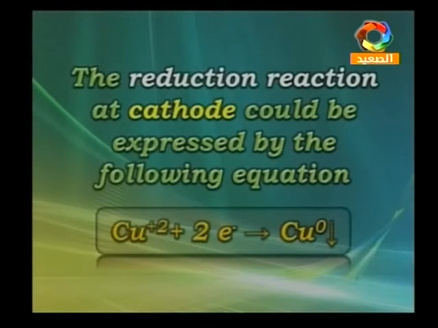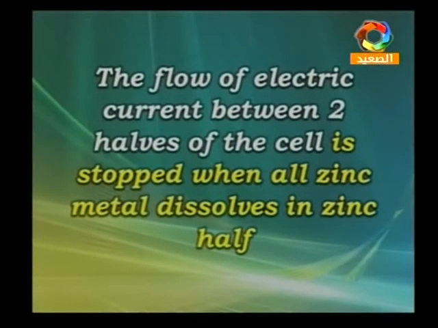Cu atoms. After that, the flow of electric current between the two halves of the cell stops when the zinc metal dissolves in the zinc half. What's meant by this? The zinc rod reacts with the zinc sulfate solution found in the half of the cell that contains the zinc rod or plate.